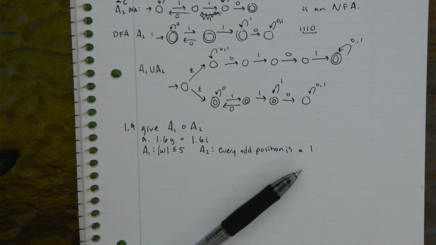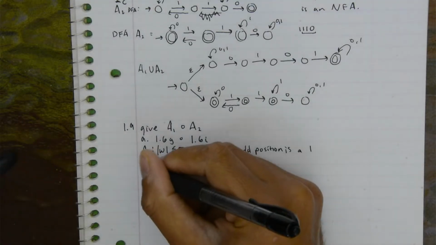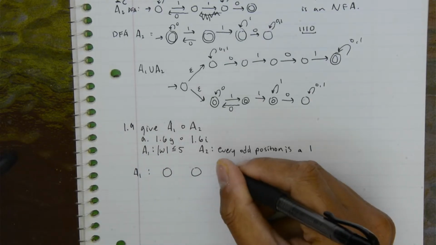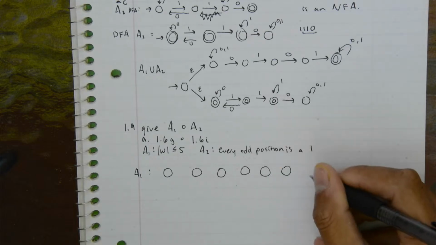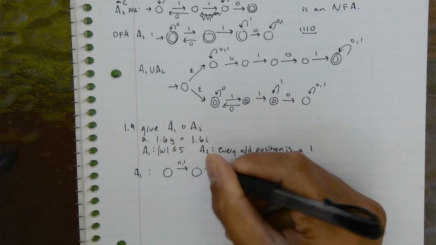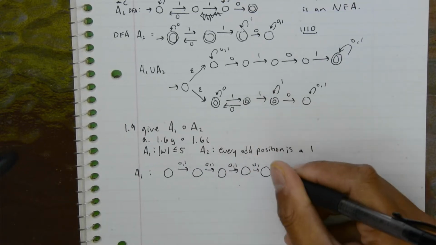Okay, so how are we going to do this? For A1, is it not just going to be 1, 2, 3, 4, 5, 6, 7, this way, 0, 1, 0, 1, 0, 1, 0, 1.